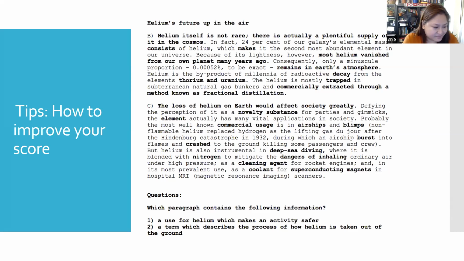Can I share the answer? Sure. Okay, the answer for the first one is in the second paragraph. Why? Because it says that it's a cleaning agent and a coolant for superconducting magnets. No, actually, the best thing is, you see, use for helium.